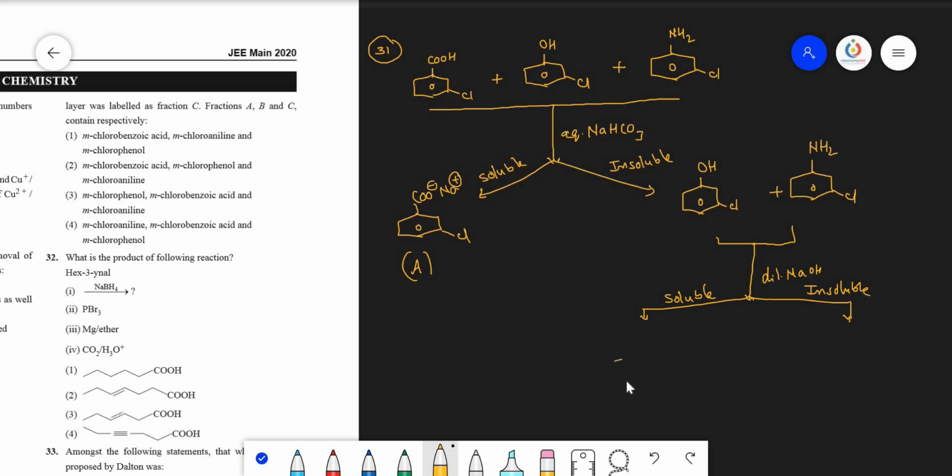Soluble is metachlorophenol, because it forms sodium phenoxide, and insoluble is metachloroaniline. So this is the B, this is the C. So they are asking A, B, C contain respectively. First one is metachlorobenzoic acid and the second one is metachloroaniline. This is incorrect. Metachlorobenzoic acid, metachlorophenol and metachloroaniline. So option 2 is correct.